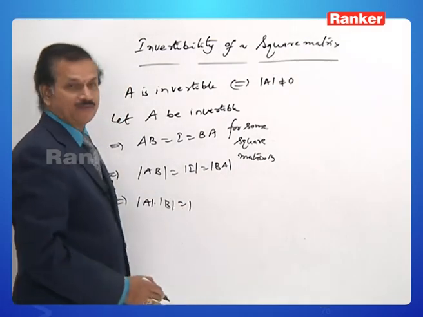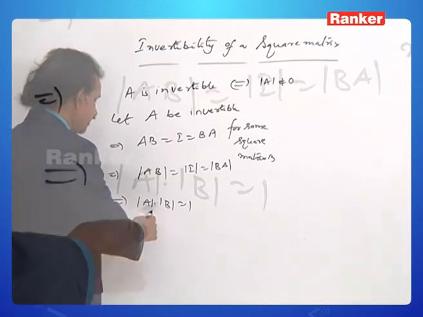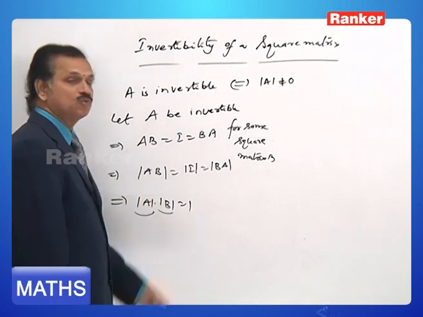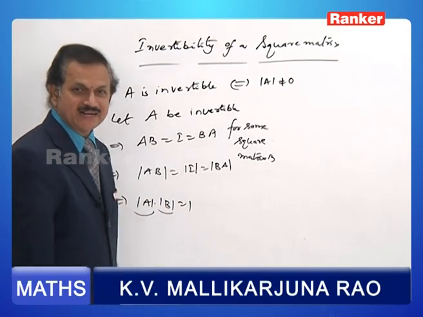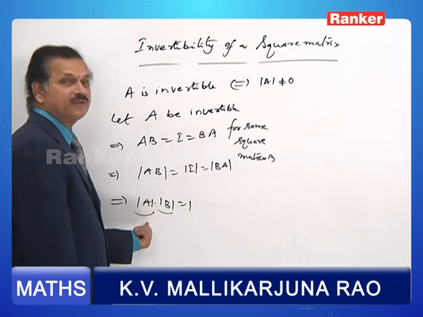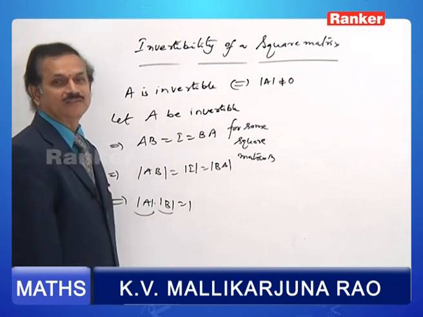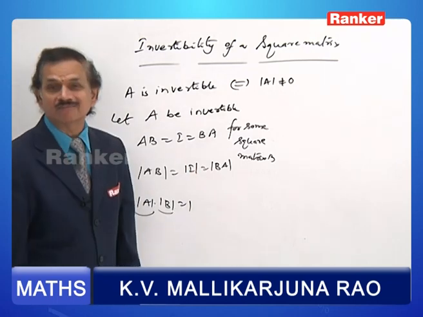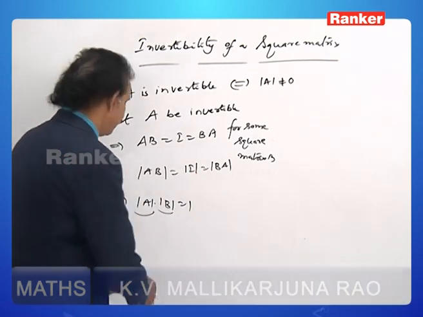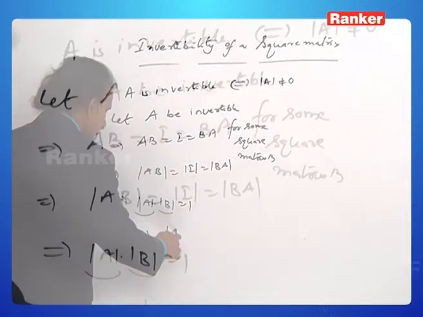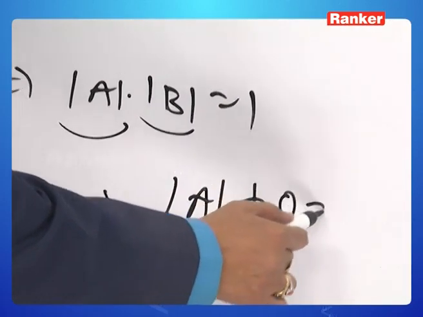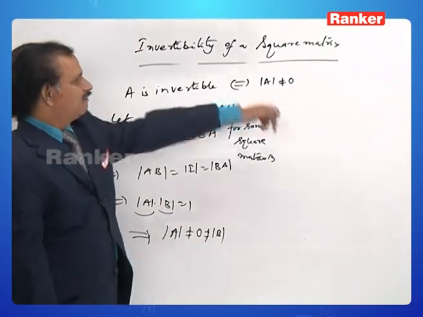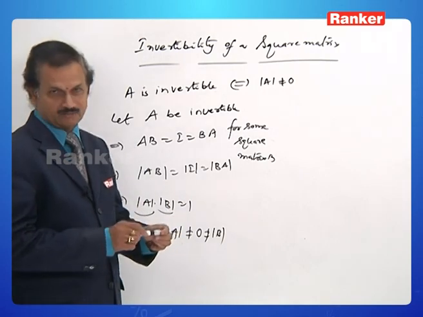Det BA is det B into det A, same. You see, det A is a number, det B is a number, isn't it? Product of two numbers is 1. It clearly indicates that each of them is non-zero, isn't it? If either of them is 0, how can the product become 1? Therefore, the step itself implies that det A is not equal to 0. Of course, det B is also not equal to 0. So, if A is invertible, we have seen that det A is not equal to 0.